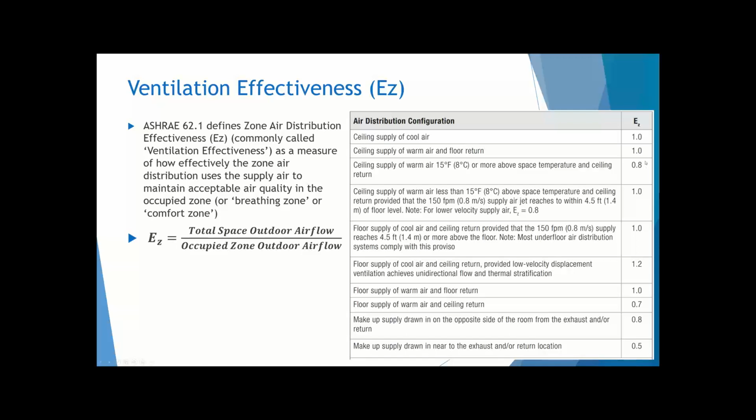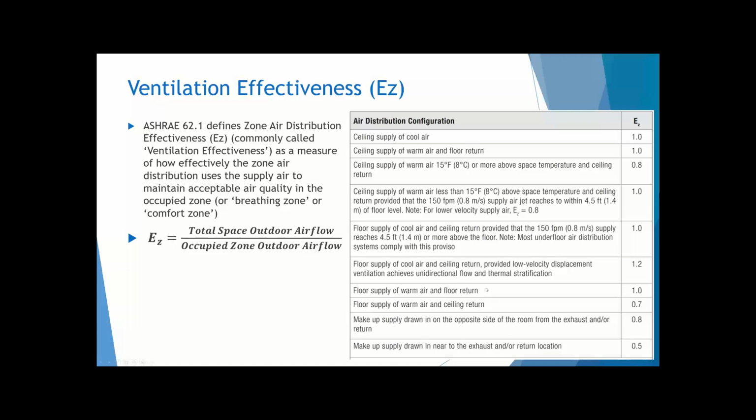It's interesting, once you start supplying warm air, if that warm air is above 15 degrees differential of the space temperature, you're getting a ventilation effectiveness of 0.8, which means you're supplying more air than the occupied zone requires. So your effectiveness in that space is a lot less than it could be.